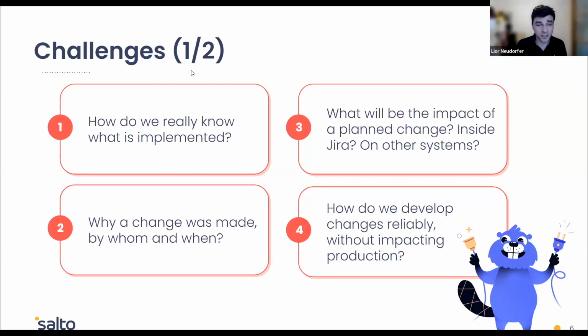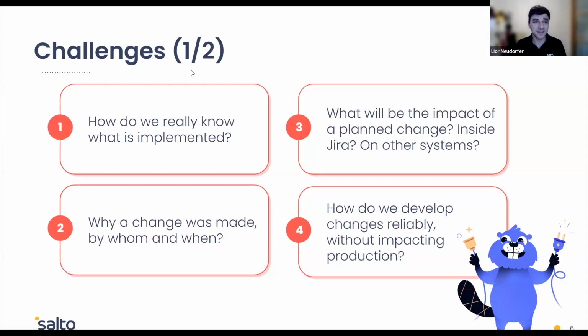When you're planning a change to Jira, what's going to be the impact of that change? If I remove an option from a multi-select custom field, will something break in Jira? Will some automation or ScriptRunner script stop working? Maybe something will break out of Jira.